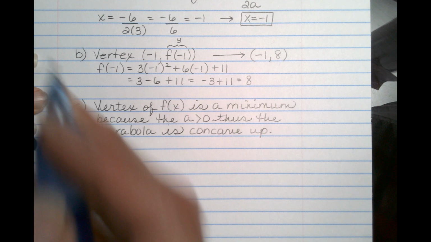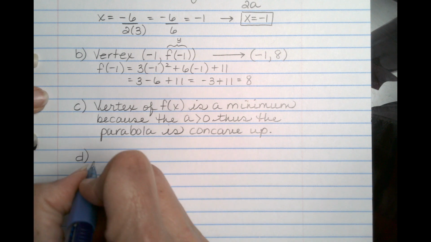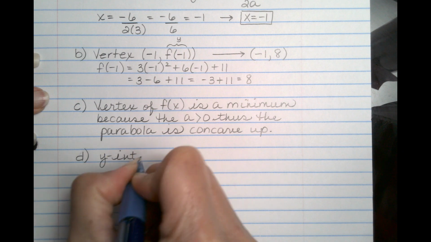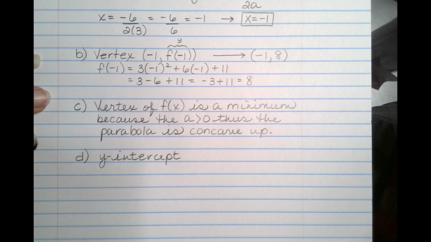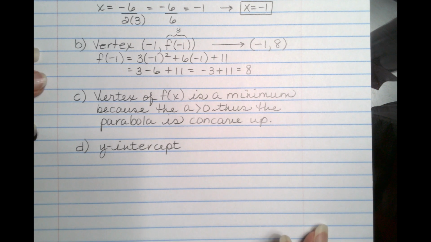Part D. I still find that many of you keep forgetting how to find the y-intercept. I need you to please grasp this definition as soon as possible, because this is a definition that you have been working with since the first function you were ever introduced to, and that's linear functions.